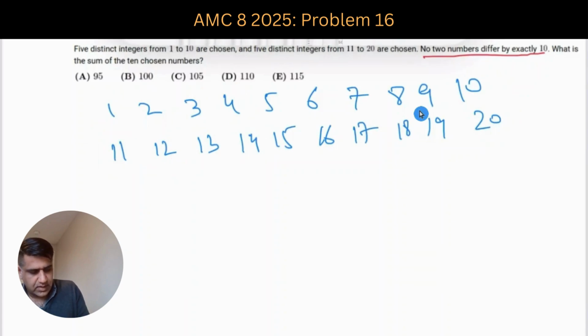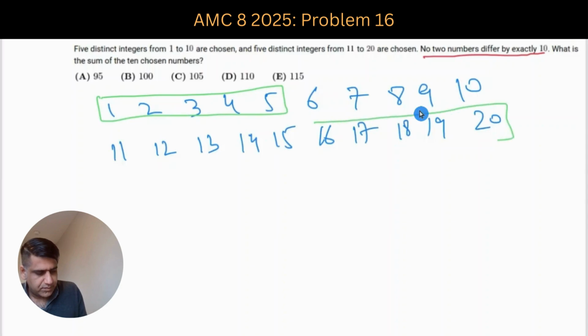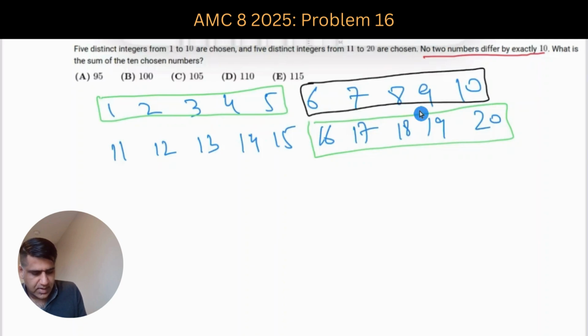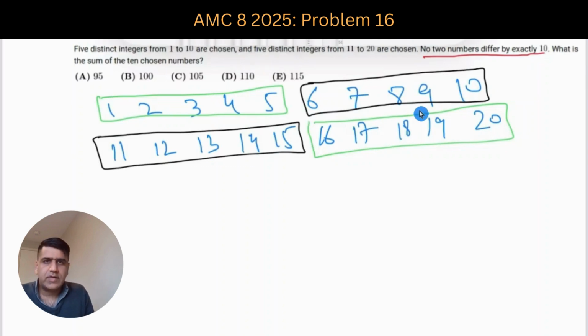I can select any 5 of the numbers from here, and then take 5 from the other group. Or vice versa, you can take these 5 that I'm highlighting in black, or these 5. You can also take any of the other combinations. However, regardless of that, the answer will remain the same.